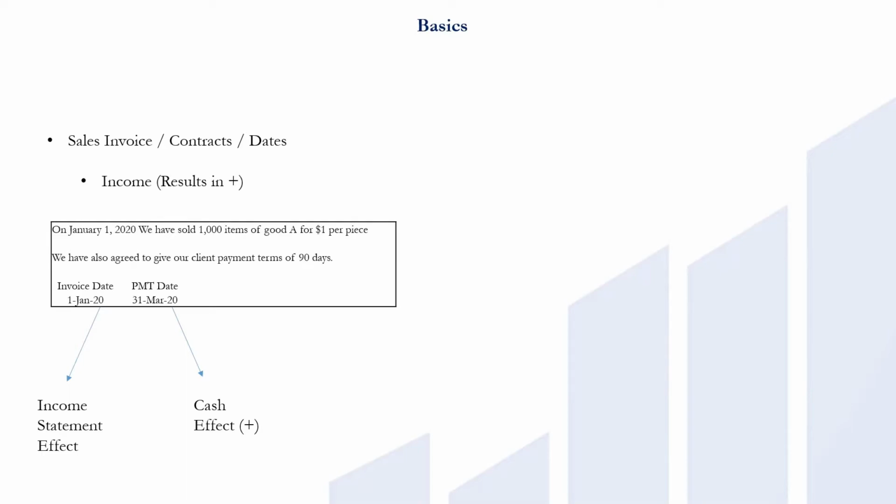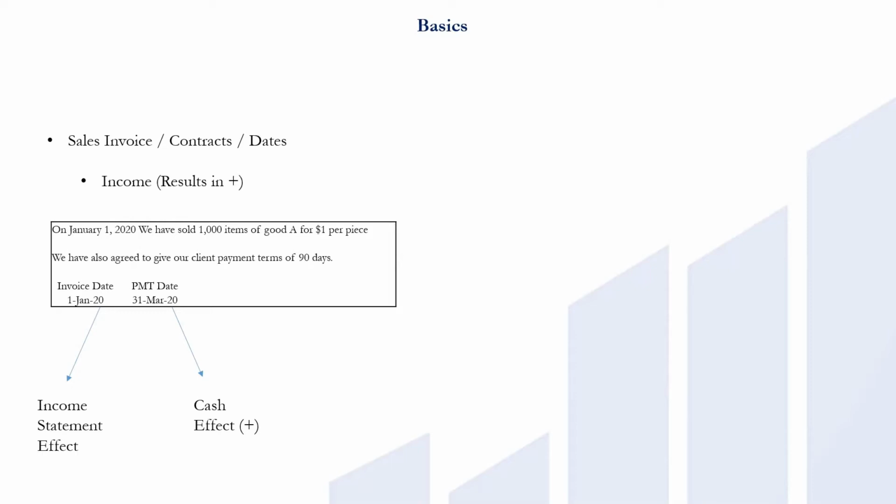So we need to understand that not always does my income equal my cash, because of the time and the payment terms. Here, even though I did not collect any cash, the sale process has completed, which means that I should record an income by the amount that I have sold.